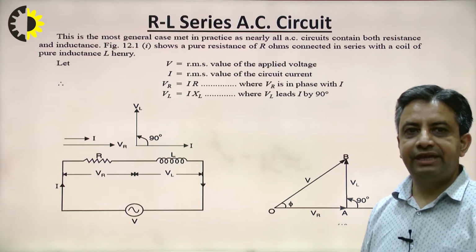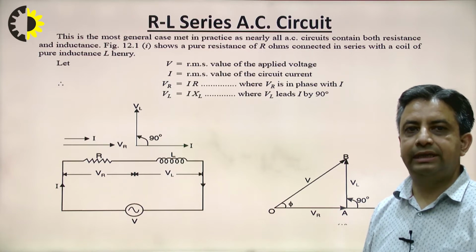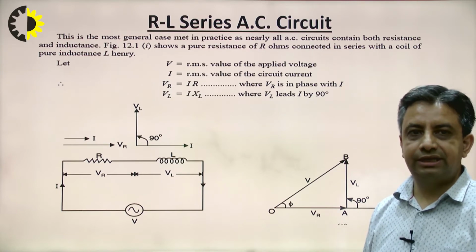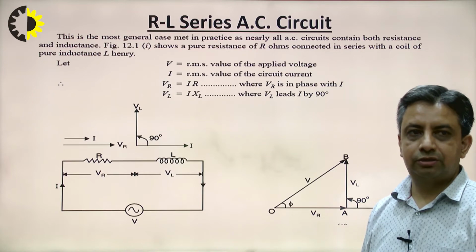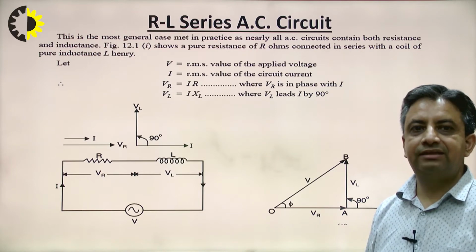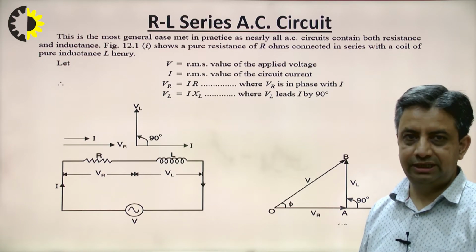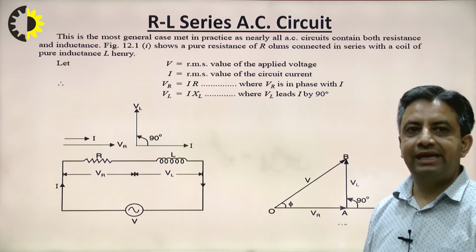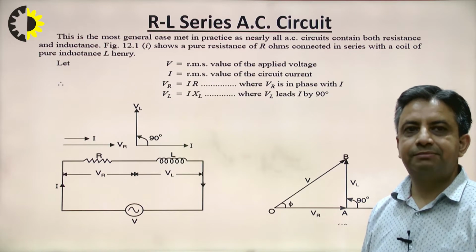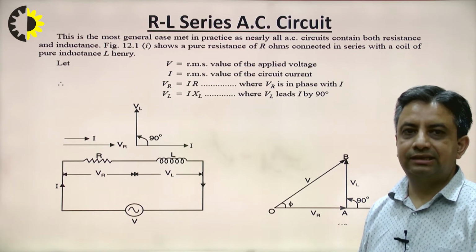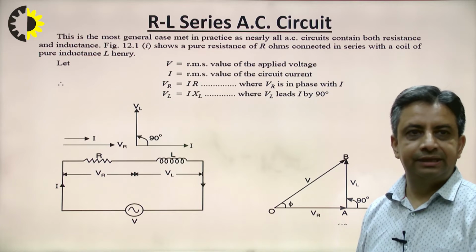Similarly, VL, the voltage across the inductor, is in phase quadrature to the voltage across the resistance, and the phasor sum of these two will be equal to the supply voltage V. This phi is the phase angle between the supply voltage and the supply current I.